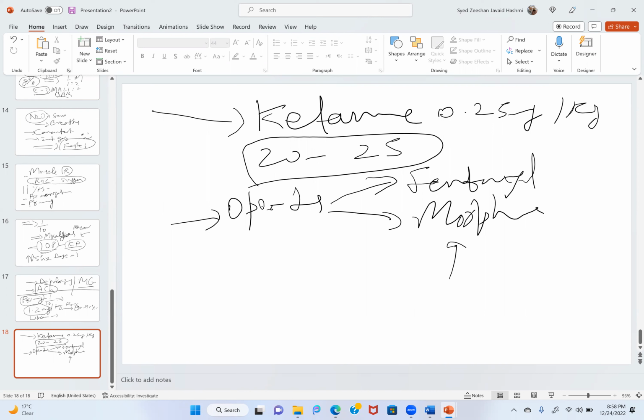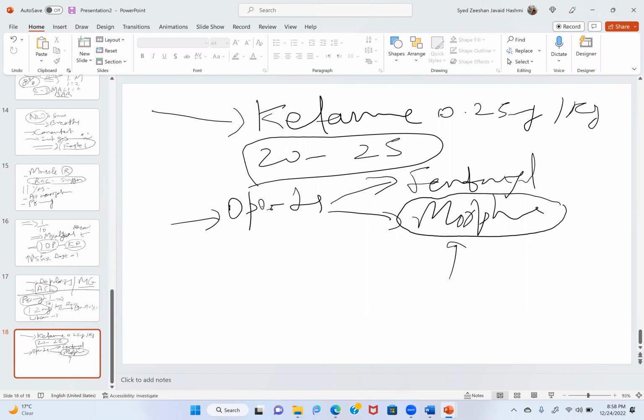I don't understand this, but practically I don't have the data to support myself. I have not searched it, but this is what I am doing very successfully, because I give morphine before induction. So what is happening is that I'm using a very, very small dose of propofol.